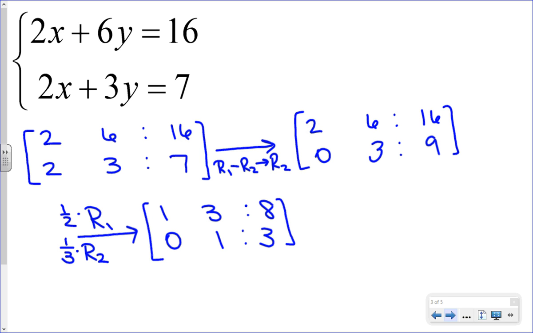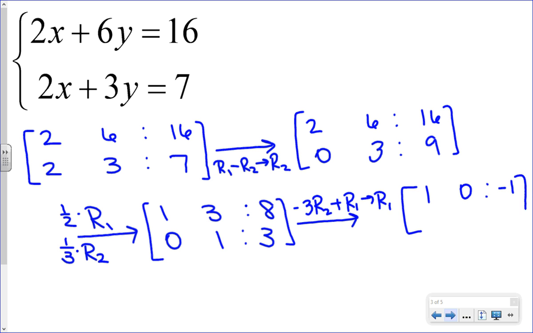Multiply that bottom one by what? Okay, we can take negative 3 times row 2 and add it to row 1 to get 1, 0, negative 1, 0, 1, 3.